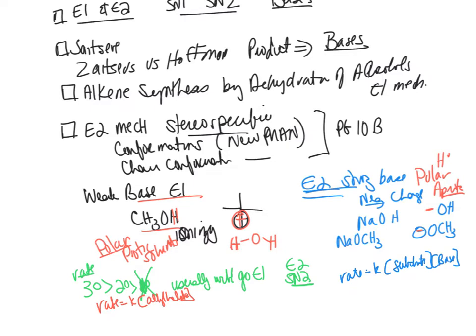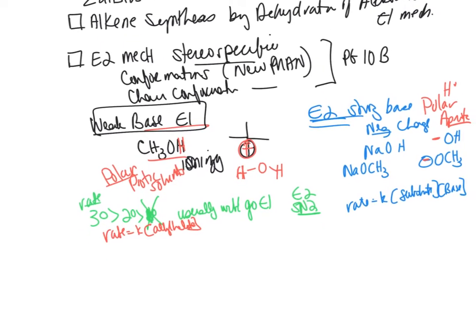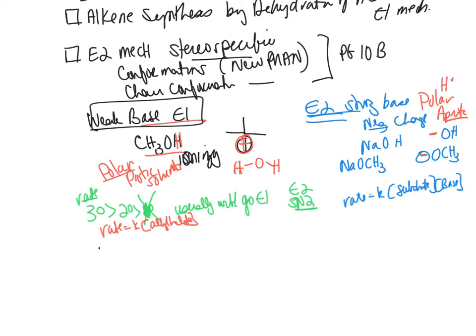Orientation, you're going to see that E1 is going to be Zaitsev. So you're always going to get the more substituted alkene. So when you label the beta carbons, you need to take the hydrogen away that will give you the more substituted, the more stable alkene.